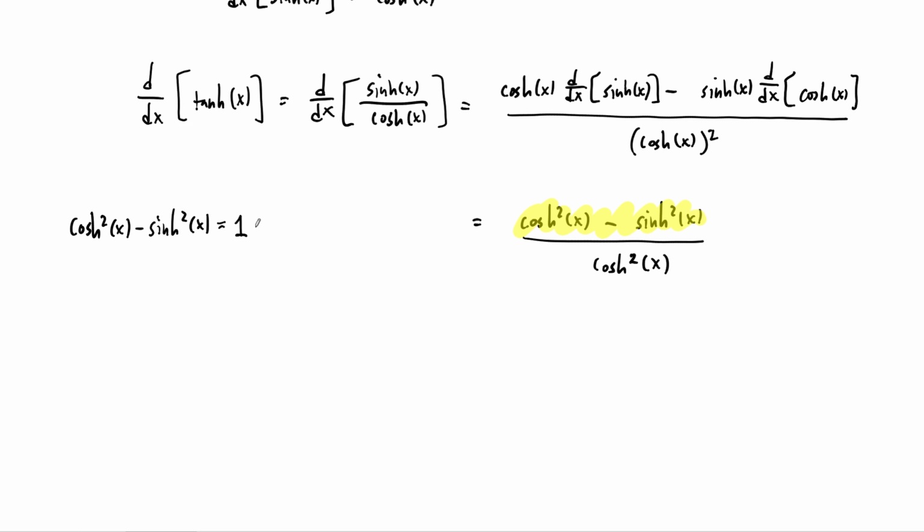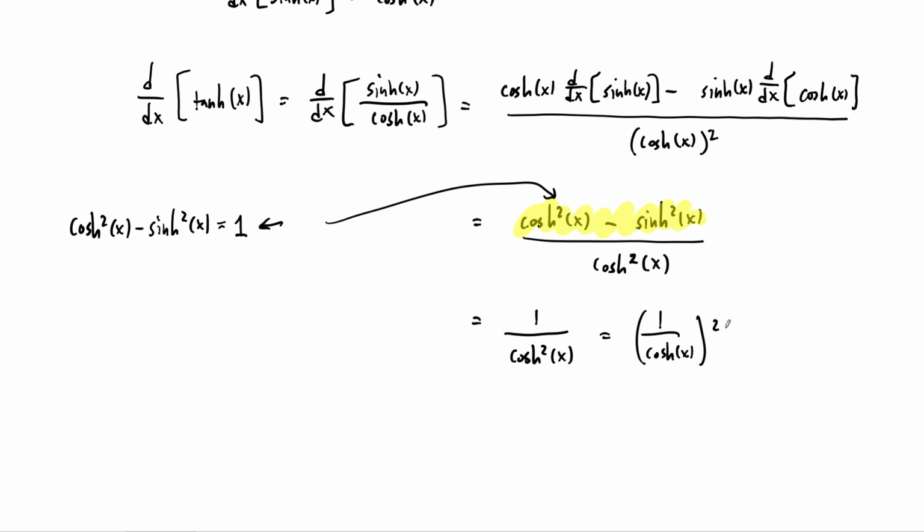And this is the defining property of these hyperbolic trig functions, and that's exactly what we have here. And so this just ends up being 1 over cosh squared of x, but just like with regular trig, 1 over cosh of x is actually hyperbolic secant of x, and so this is hyperbolic secant squared.